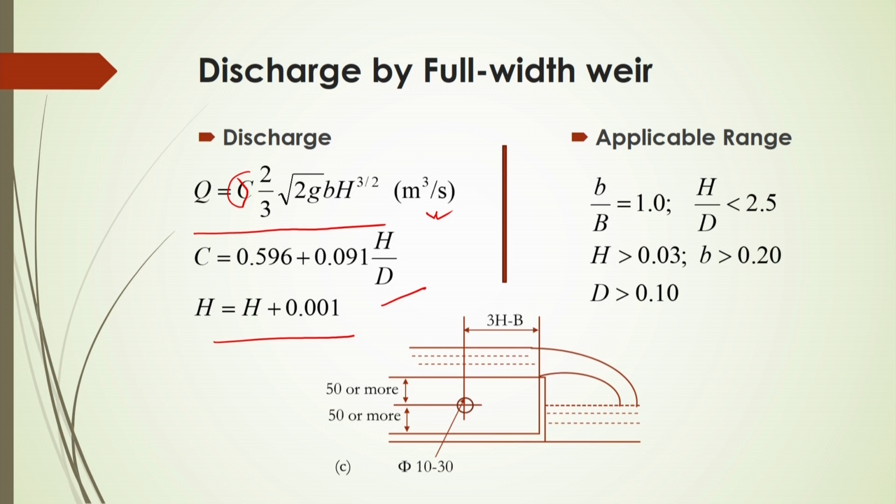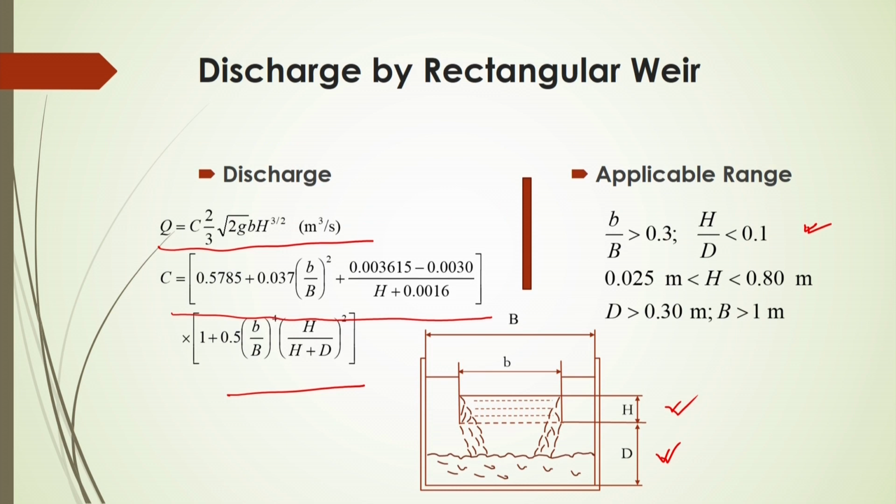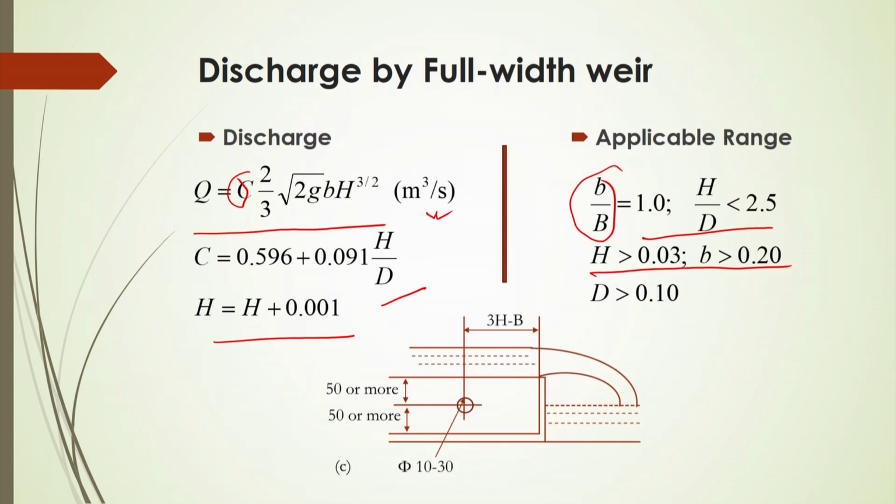This also has certain limits, and it will work only within the range given here. In this case, H of course should not be less than 0.03, and B should not be less than 0.20, and also the D given here, that means the bottom of the liquid, should not be less than 0.10.